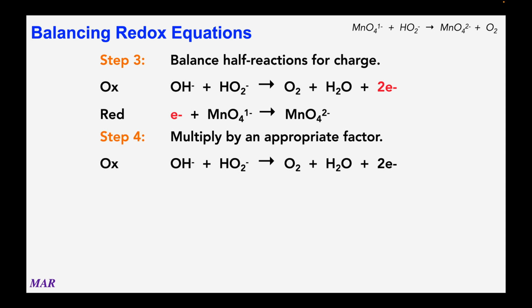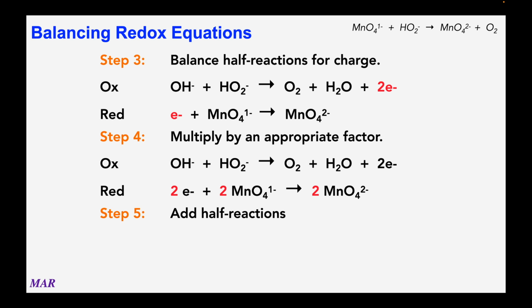The next step, we want to multiply one or both reactions by some factor in order that we end up canceling out the electrons. You don't want to show electrons in your final reaction. So we'll leave the first part right alone, the hydroxide and peroxide part. But the second one, let's multiply that through by 2. So that would be 2 electrons plus 2 permanganate equals 2 manganate, MnO4 2-. Notice there's 2's in front of each of those.